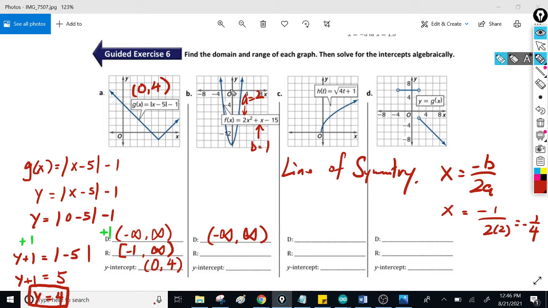-1/4, that's probably somewhere around here. So at -1/4, that is when you have the line of symmetry. And then the vertex, the tip, is located right here. So that means now you have to find the y value when x is -1/4.